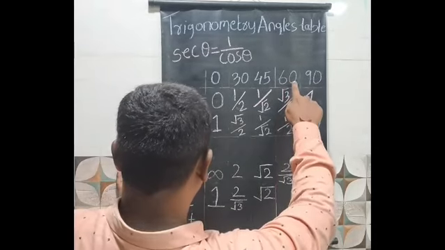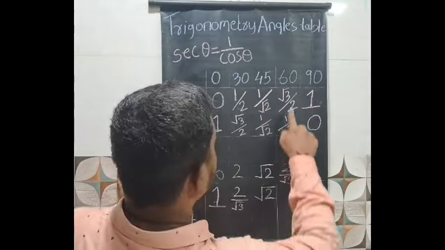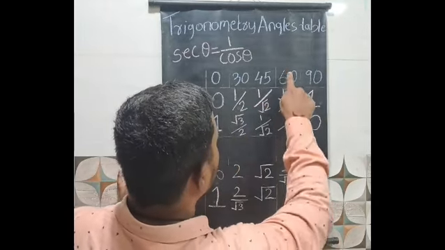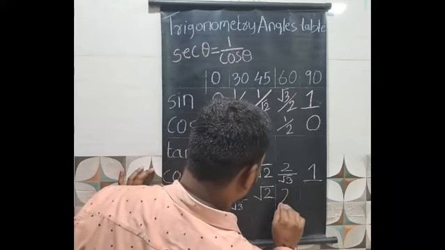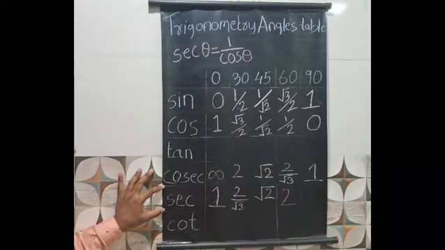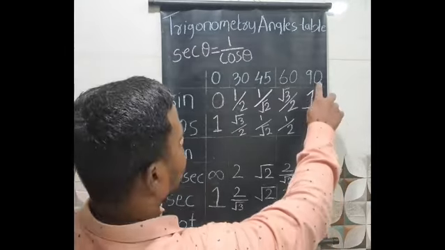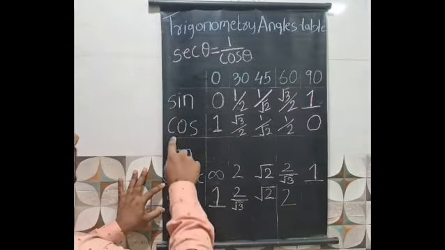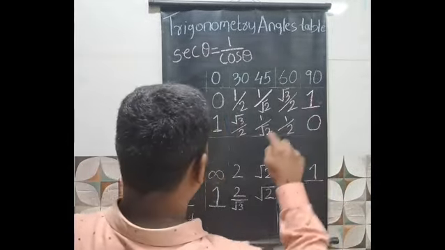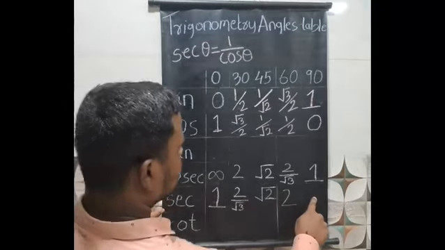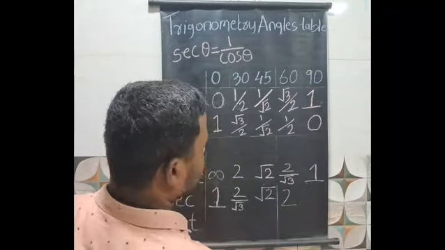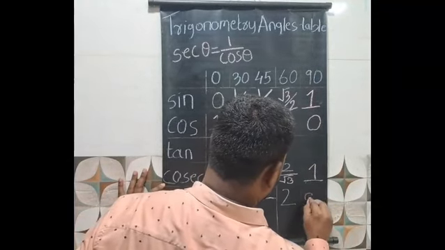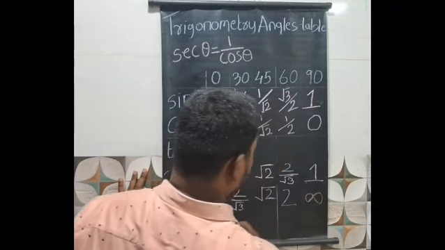Going ahead with sec 60, cos 60 is 1 by 2, so sec 60 will be 2. Going ahead with 90 degrees, cos 90 is 0, so sec 90 is 1 upon 0, which we can write as infinity.